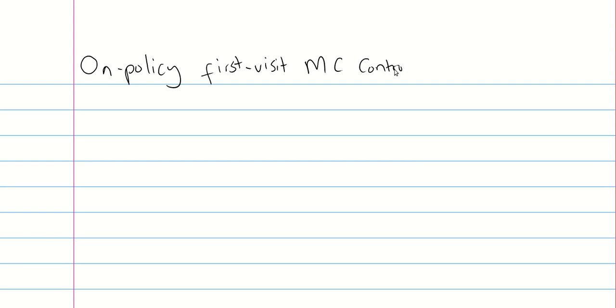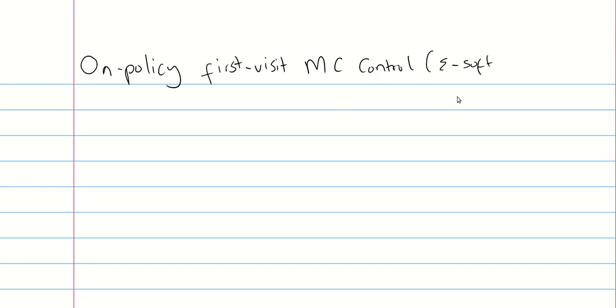And what is the code that we're going to go through? We're going to call it on-policy first-visit Monte Carlo control for epsilon-soft.